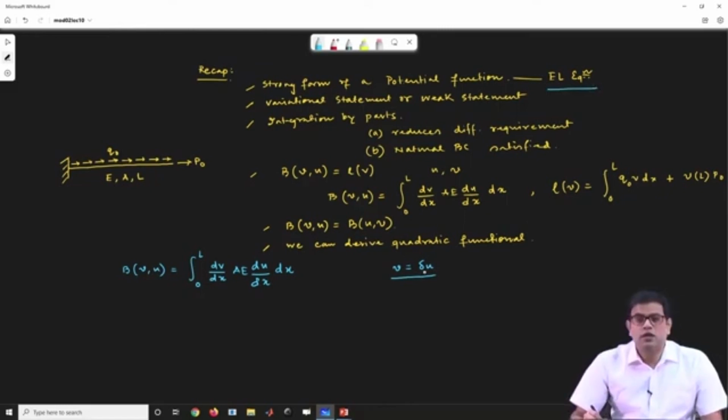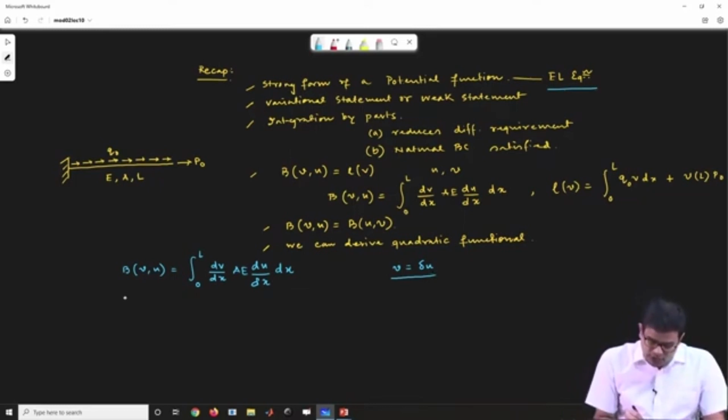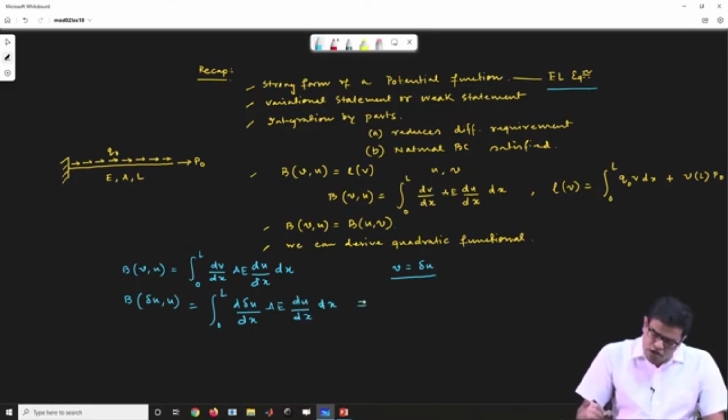So it is nothing but delta of U, the variation of U. If I substitute this, it becomes d of delta U by dx into AE du/dx into dx.